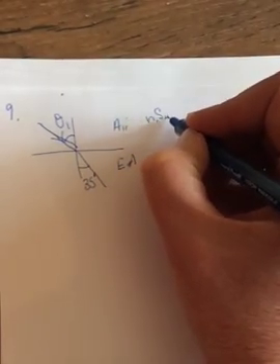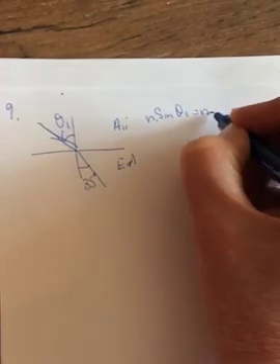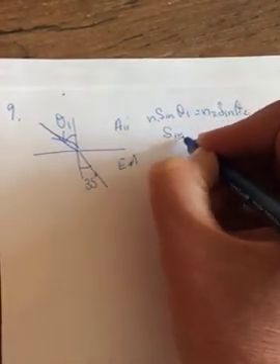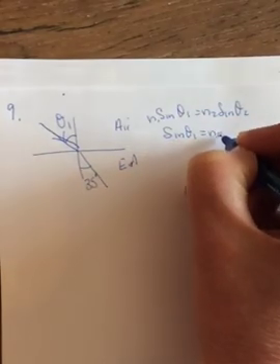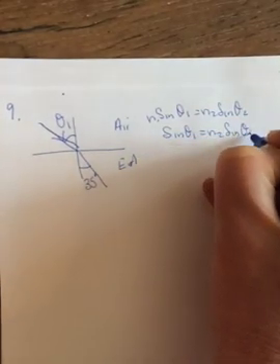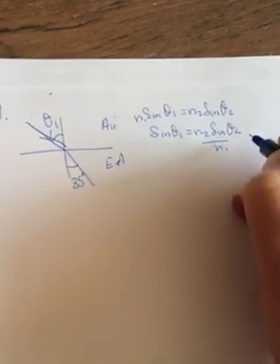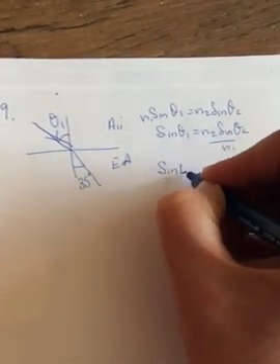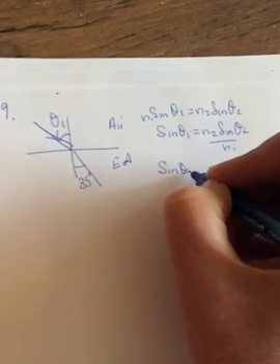So N1 sine theta 1 equals N2 sine theta 2. Divide both sides by N1. So sine theta 1 equals N2 sine theta 2 over N1. So ethyl alcohol, when you look it up in the chart, because that's 2, right? Yeah.